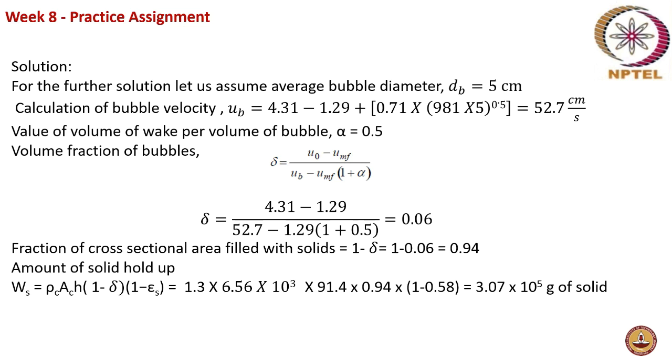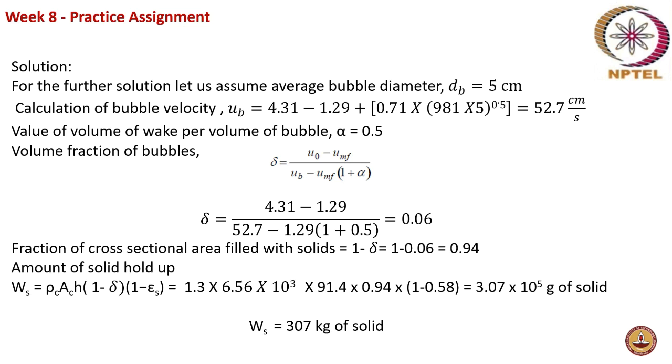Once we substitute all these into the expression, we get the weight of solid to be 3.07 into 10 power 5 gram, which is nothing but 307 kg of solid. So that amount of solid is being used in this particular reaction, for a height of nearly 91 centimeters. Okay, you got it?